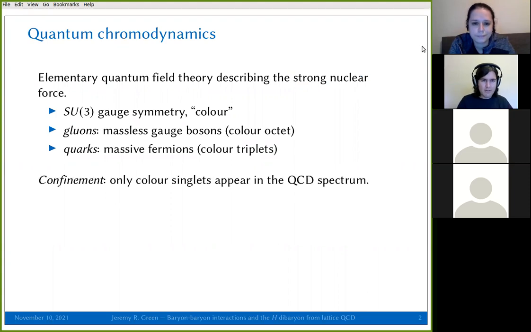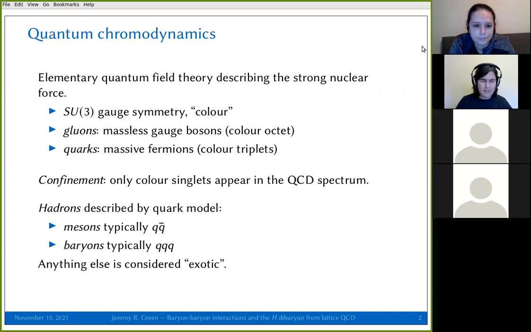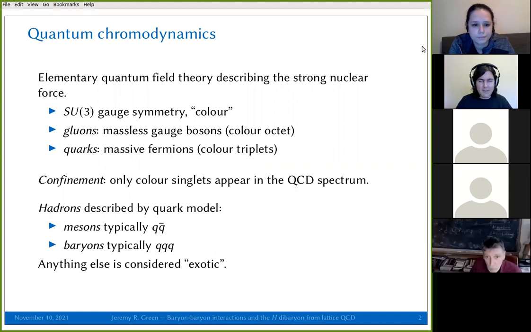Now, of course, gluons and quarks are not what we see in the world in terms of the actual states in the spectrum. What we see are the color singlets. The simplest picture has worked pretty well for decades. It's a quark model, and in the quark model, the standard participants are the q-qbar mesons and the three-quark baryons.